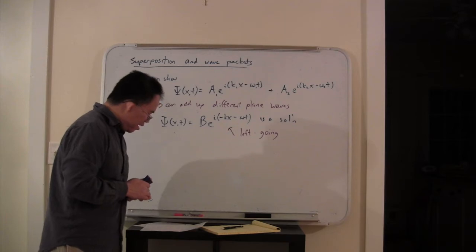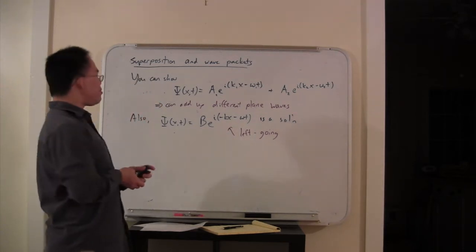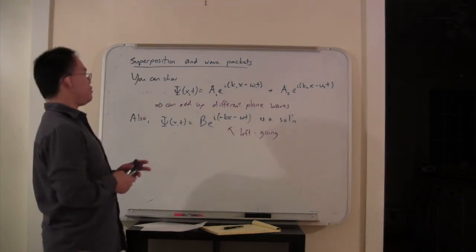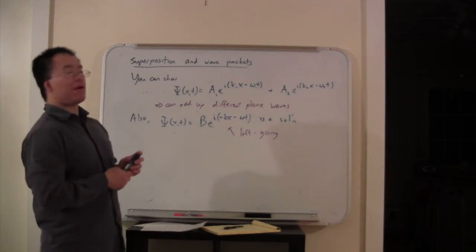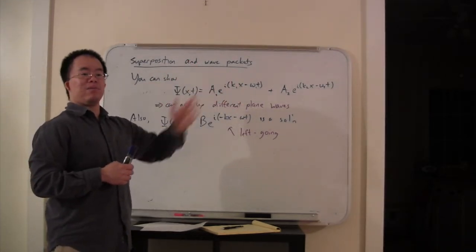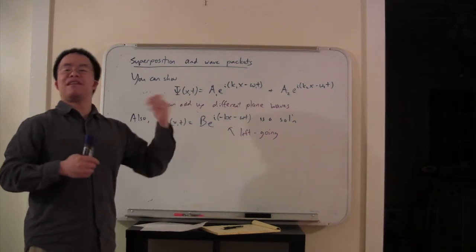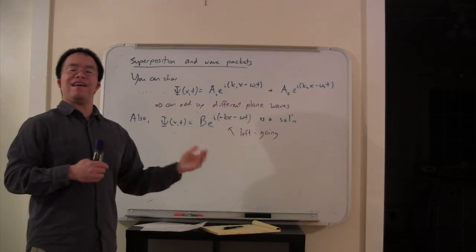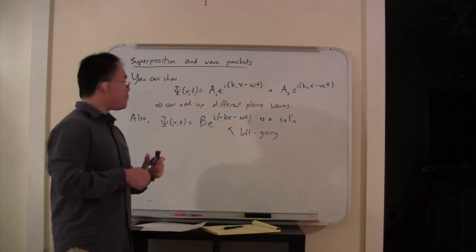But anyway, it turns out that the most general solution of the Schrödinger equation for a free particle is to not just add up discrete plane waves, but to add them up in a continuous sense, aka via an integral.